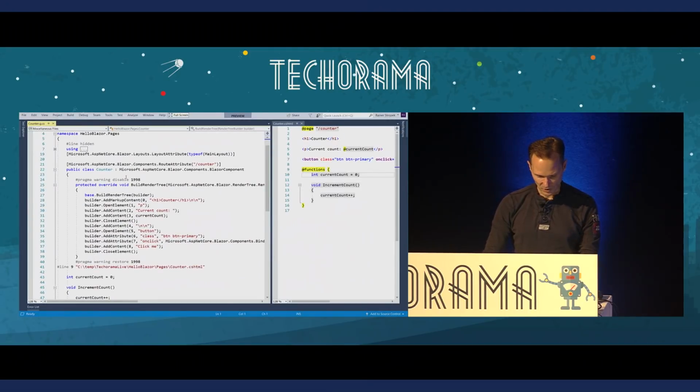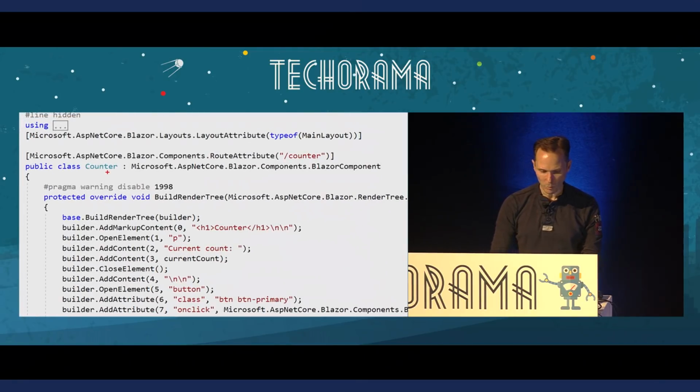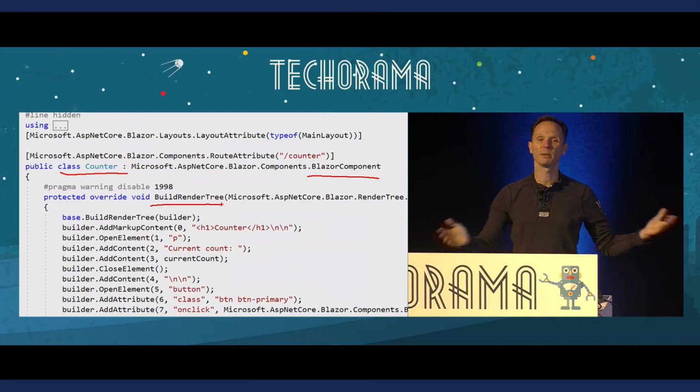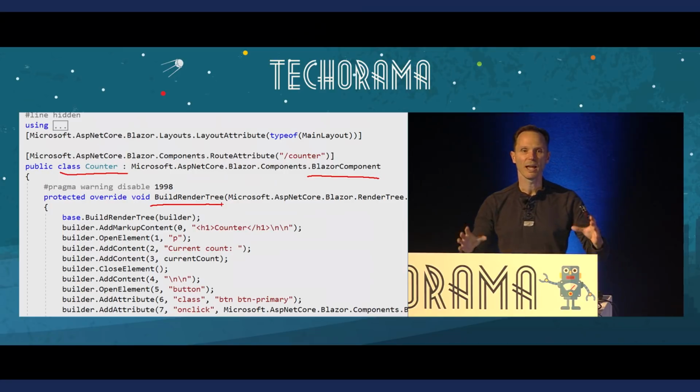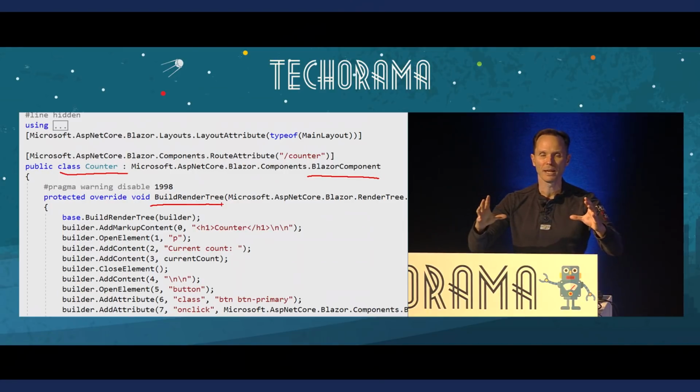What we also see, if we zoom in a little bit, is that each .razor page becomes a class. And all these classes are derived from a common base class, which is called ComponentBase. This component has one important method in it, which is called BuildRenderTree. What this essentially does is build a kind of virtual DOM in the WebAssembly part of Blazor.